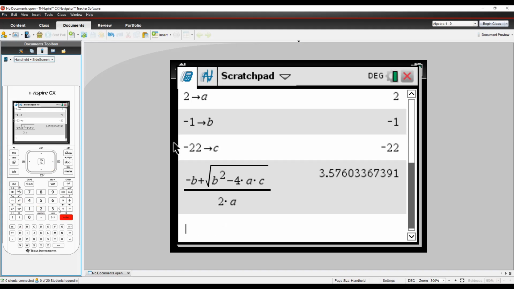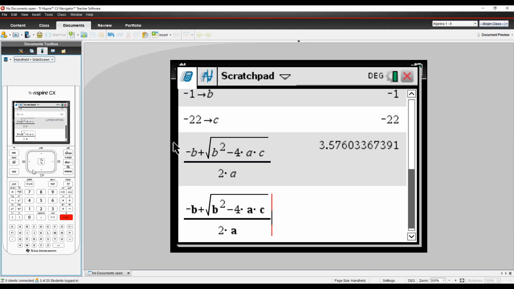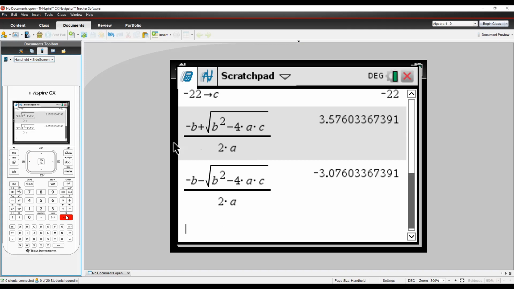So it says that one of the answers, and we're supposed to round this to the nearest tenth, would be 3.60. And then to find the other solution, we just make this a minus, and that's going to be a negative 3.10.